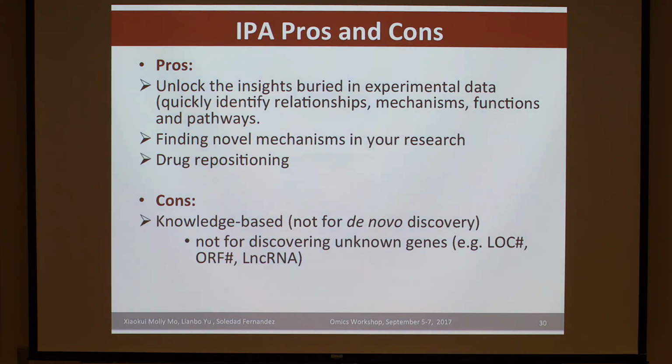Okay, here are the advantages and disadvantages when you're using the IPA. For the pros, it can unlock the insights buried in experimental data, quickly identify relationships, mechanisms, functions, and pathways, and find novel mechanisms in your research. It might not be novel in general, but it's novel in your own research.